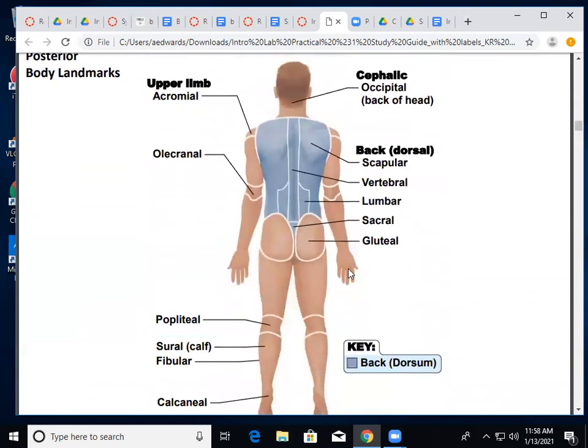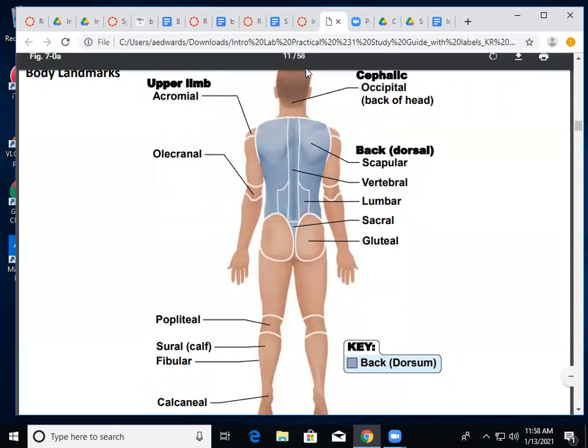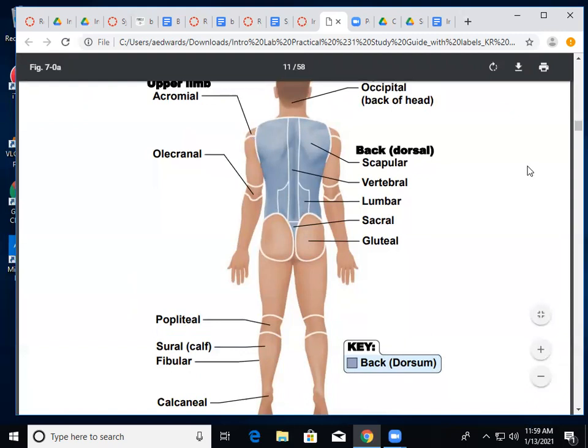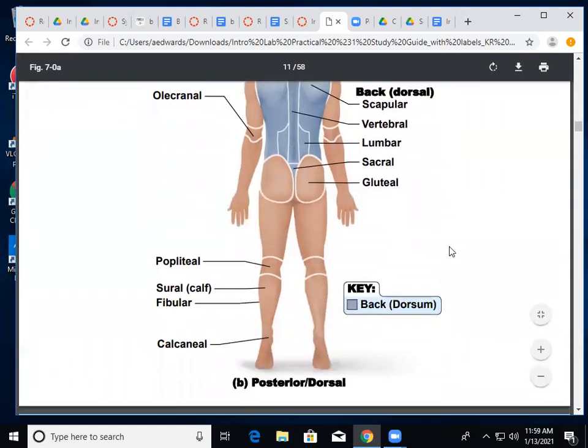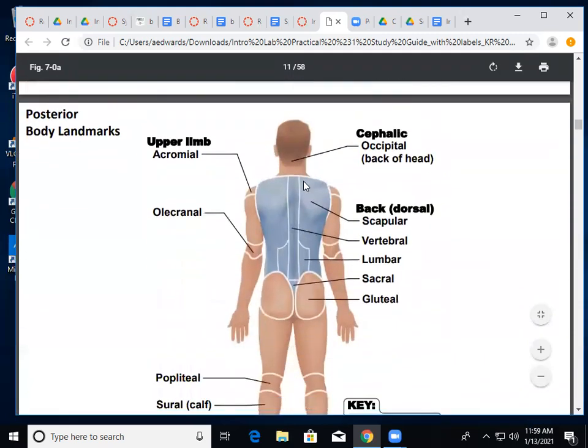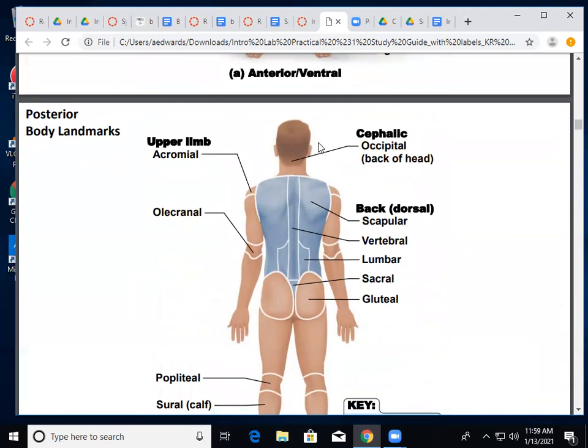Okay, here are the posterior body landmarks. Again, you've got upper limb, cephalic, and your back or dorsal region, and again, lower limb. The back of the head, we call it occipital. When we cover the skeletal system, you'll learn about the occipital bone, and the occipital lobe of the brain back there.